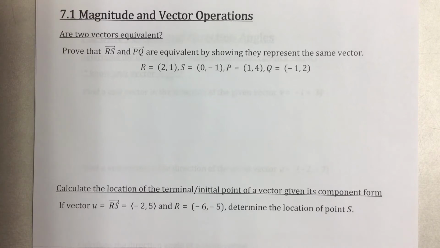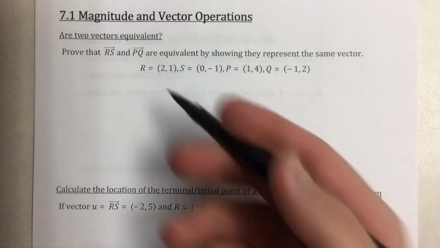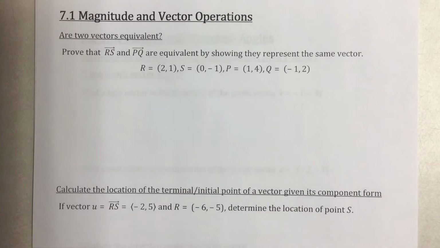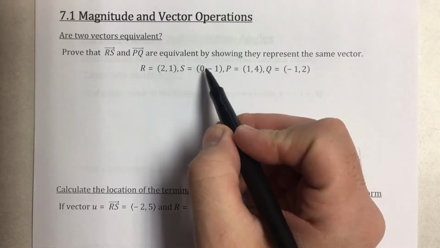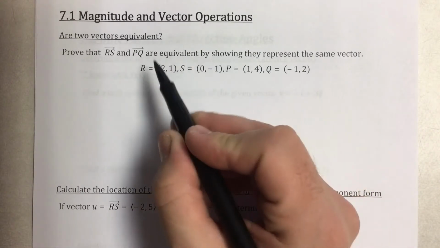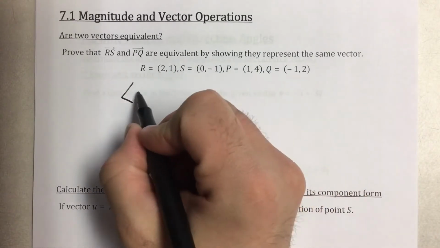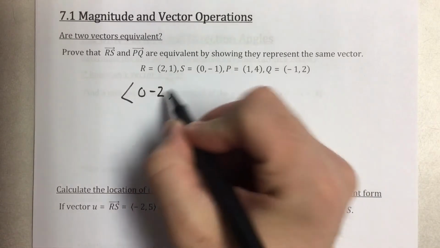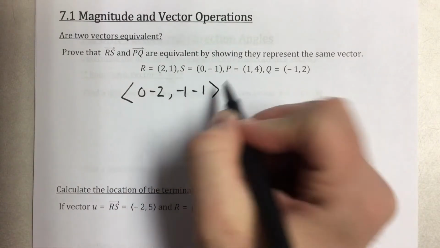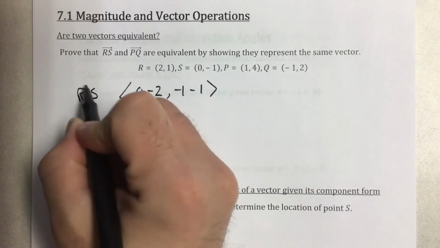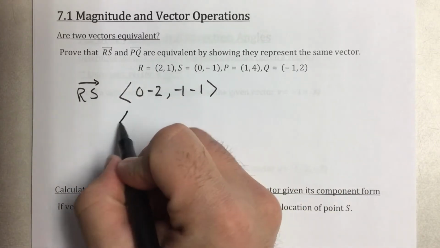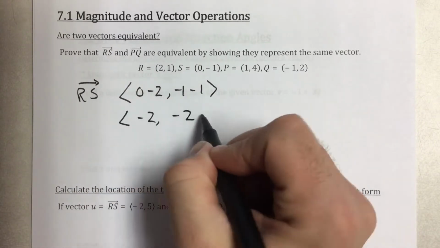Okay, looking at section 1, starting with two vectors being equivalent. Two vectors are equivalent if their component forms are the same. So with our vector SO, we come from S to O, meaning 0 minus 2, and then negative 1 minus 1, which would give us negative 2 comma negative 2.